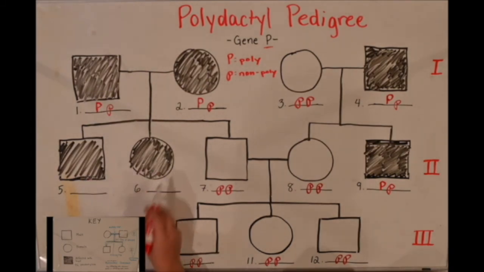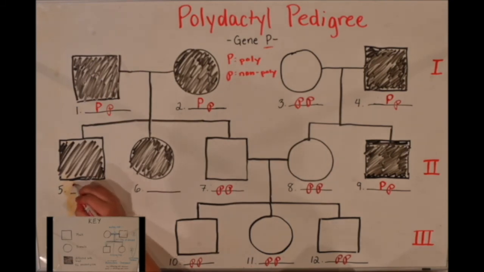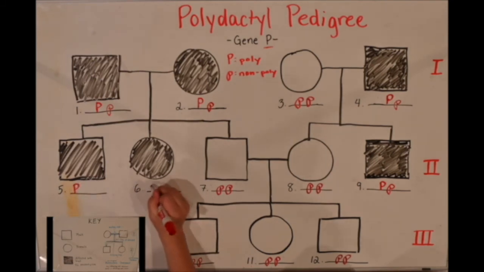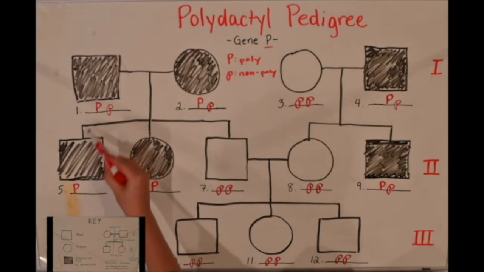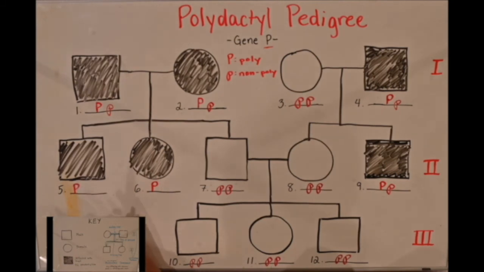Now, the only two cats we have left to figure out are cats number 5 and 6. They're each filled in, so they must each have at least one dominant allele. We can try to refer to their parents for what their other allele might be, but when we do so, we can see that no matter which parent has given them that known dominant allele, the other parent could give them either a dominant allele or a recessive allele.